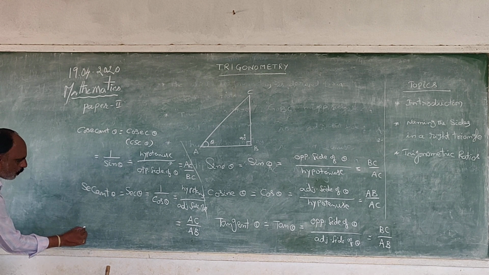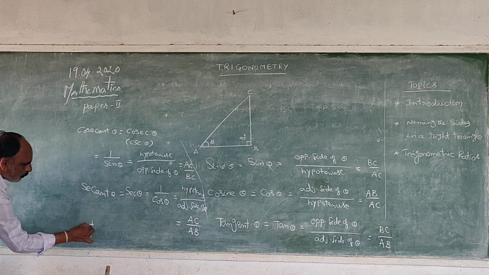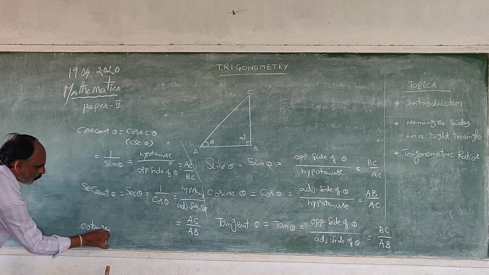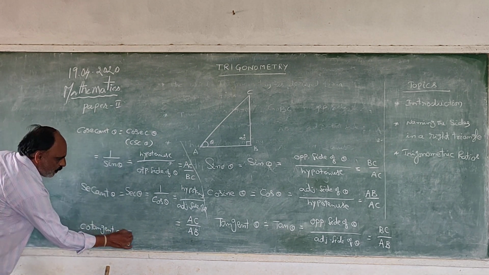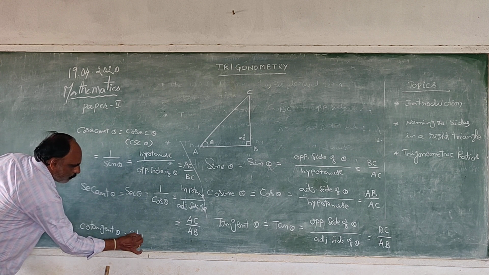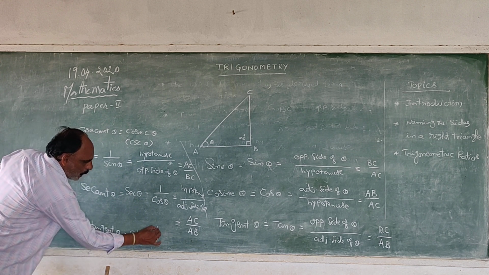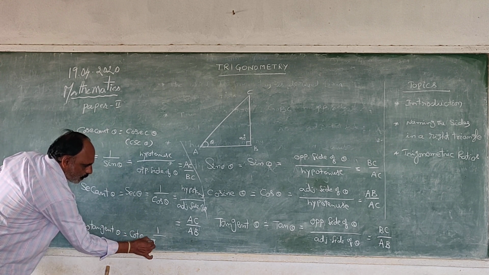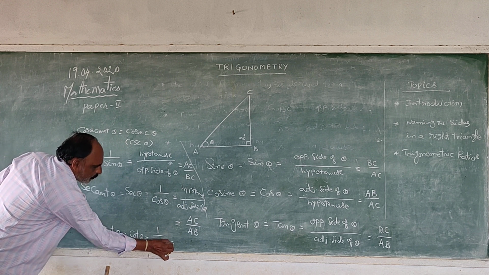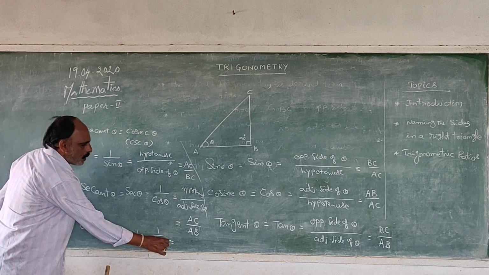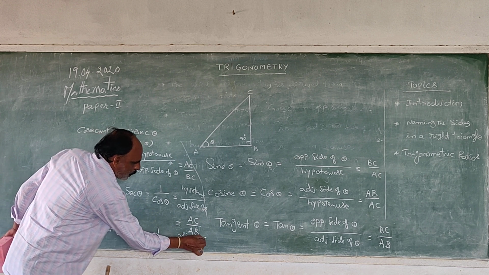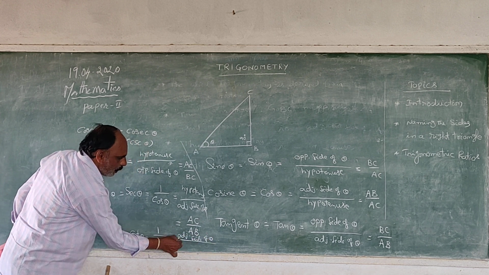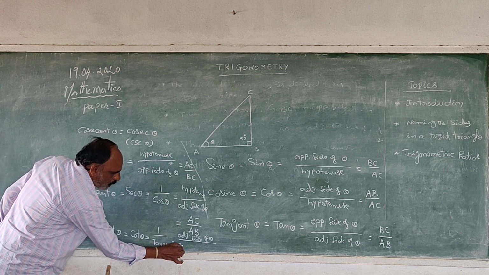And last, sixth ratio, cotangent theta. Cotangent theta is briefly written with the first three letters, cot theta, and is the multiple inverse of tan theta. So 1 by tan theta, that is equal to adjacent side of theta by opposite side of theta.